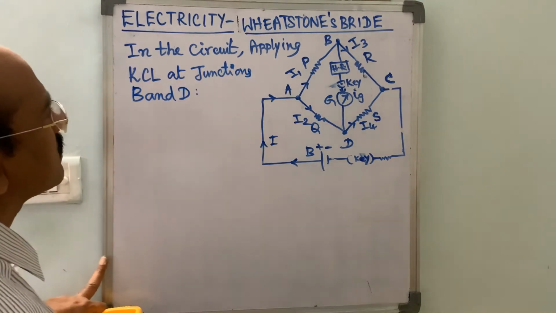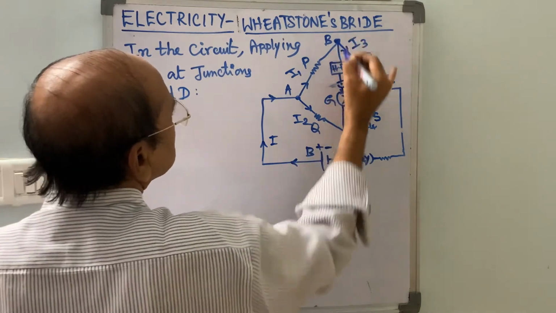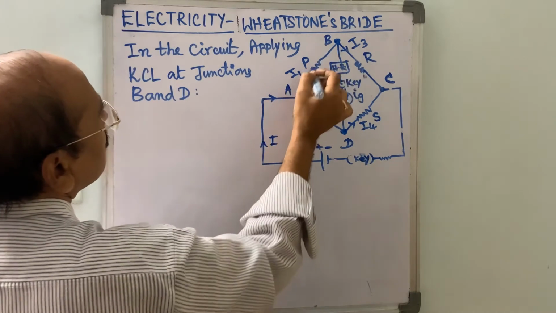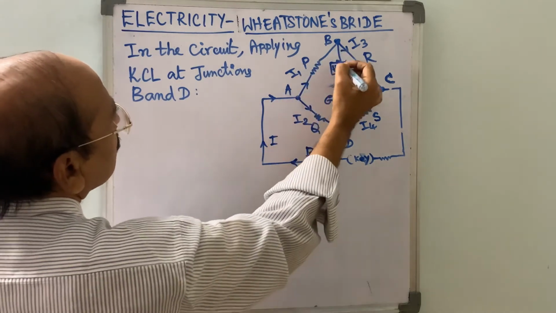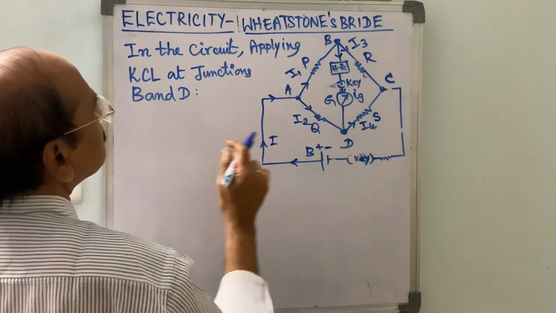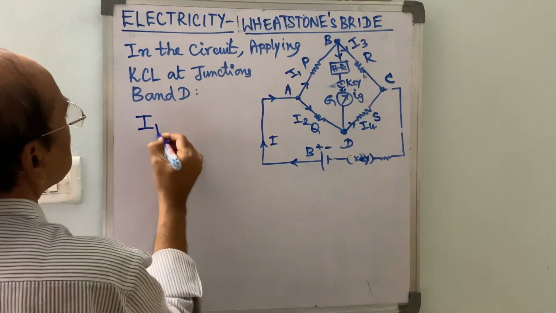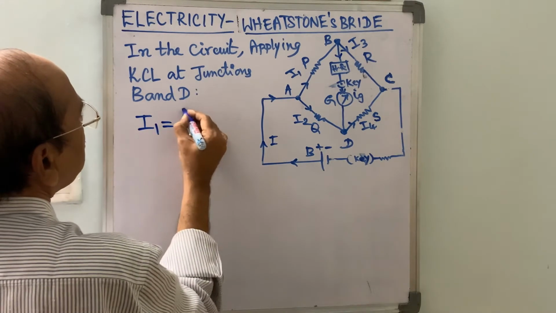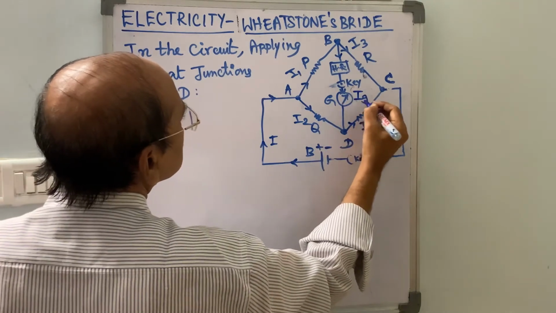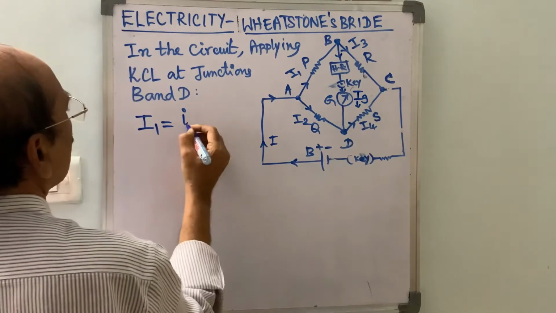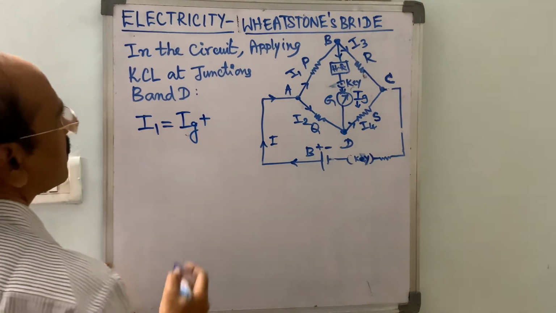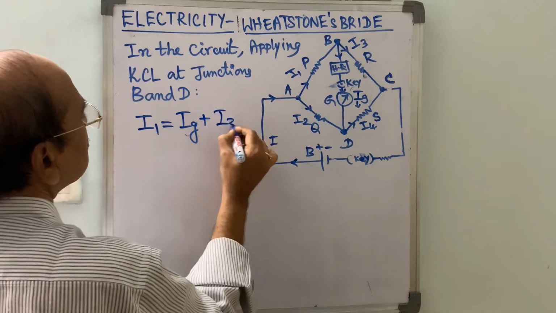What happens? Junction B is this one. Incoming current is I1, outgoing are Ig and I3. Therefore, I1 is equal to Ig plus I3.